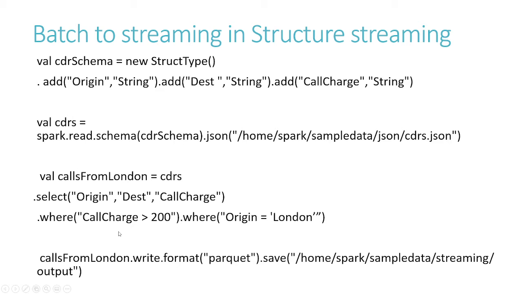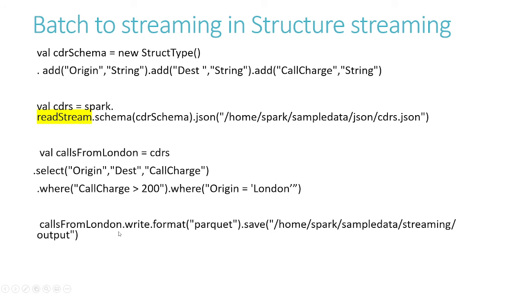Now if you want to convert this batch job into a streaming job, pause the video for a minute and think about it using DStream. How much headache would you have to convert this job to a DStreaming job? Now using structured streaming, the thing is only using the advanced API like readStream, and you just mention what your source is, like Kafka, Flume, and all the others; those advanced APIs it supports for structured streaming.